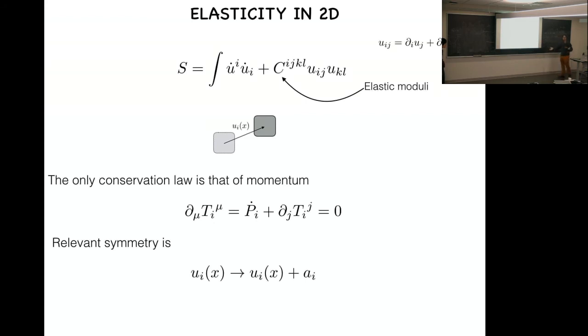Cosserat elasticity is about incorporating the dependence on the curl. The degrees of freedom you end up with are phonons plus, pardon me, a Goldstone mode for rotations. The Goldstone mode for rotations is not independent of the translational ones, but it still can be defined, but it's gapped. So Cosserat elasticity is a theory of two gapless ordinary phonons and a dependence of the energy on rotations.